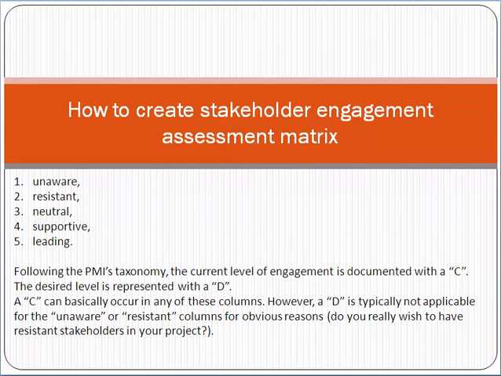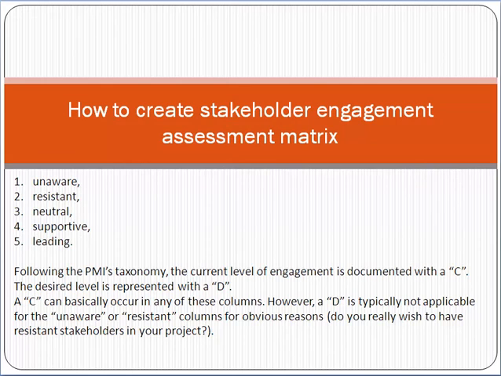Neutral means they are neutral. Supportive means a stakeholder who wants to implement the project. Leading means they lead the team, they are directing the team. So some stakeholders are like that as well.